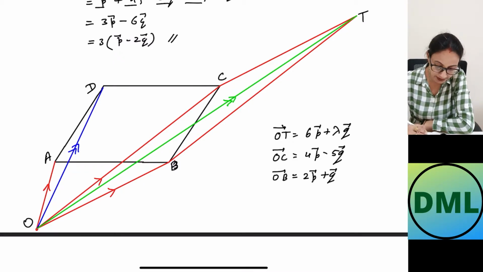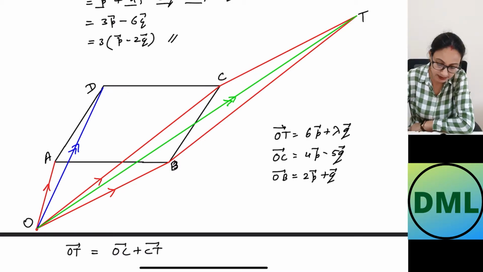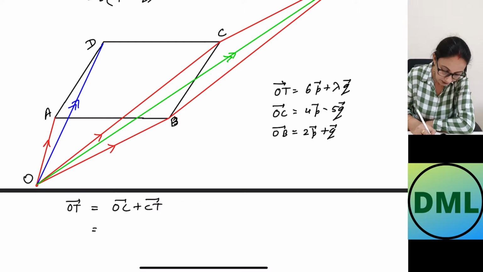If I see the triangle OCT, the vector OT will be written as OC plus CT vector. As you can see, the CT vector is parallel to OB vector. So that will be OC plus OB vector.